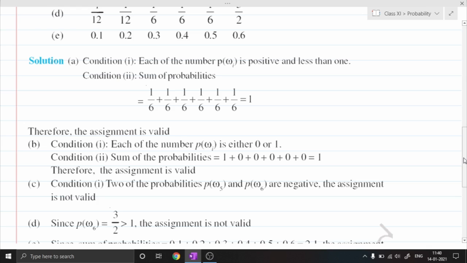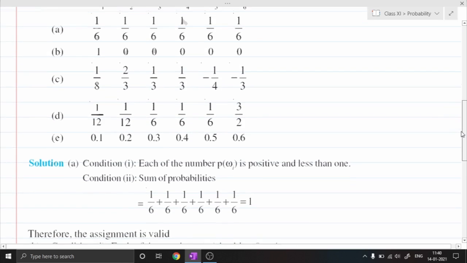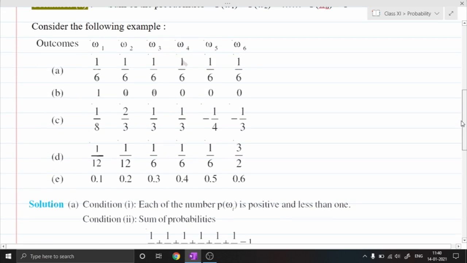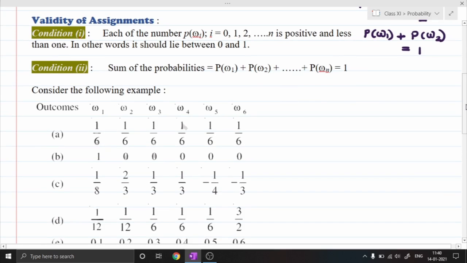So don't be confused whether the values can be 0 or 1 or not. The values can be 0 and 1, there is no problem. Condition number 1 says the value of the assignment should lie between 0 and 1, including 0 and 1, and the sum of the assignments should be equal to 1, otherwise it will become invalid.